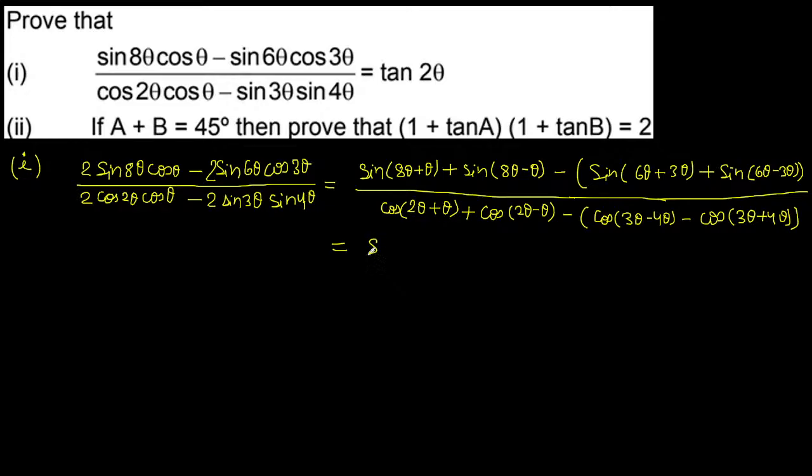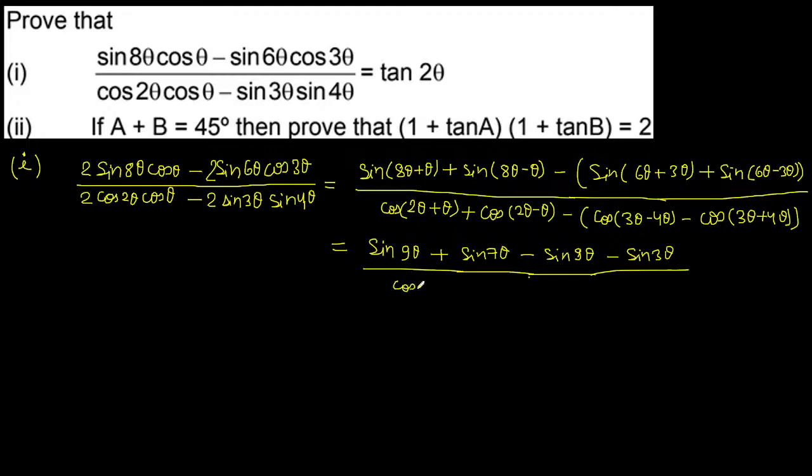So this is sine 9 theta, sine 7 theta minus sine 9 theta minus sine 3 theta, whole divided by cos 3 theta, cos theta, cos minus theta is cos theta, minus minus plus cos 7 theta. I think we could find something cancelling.